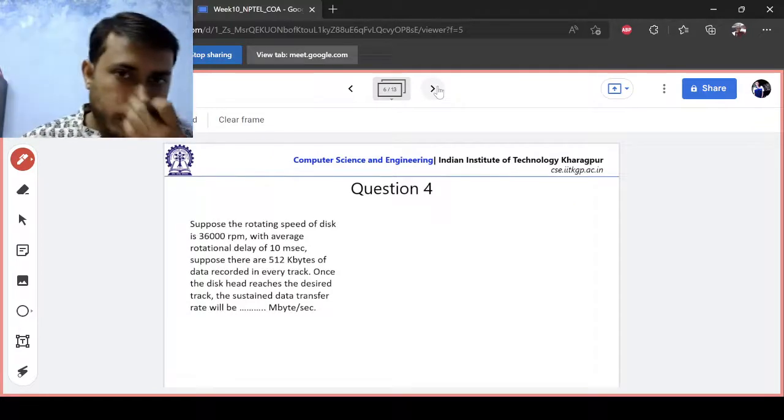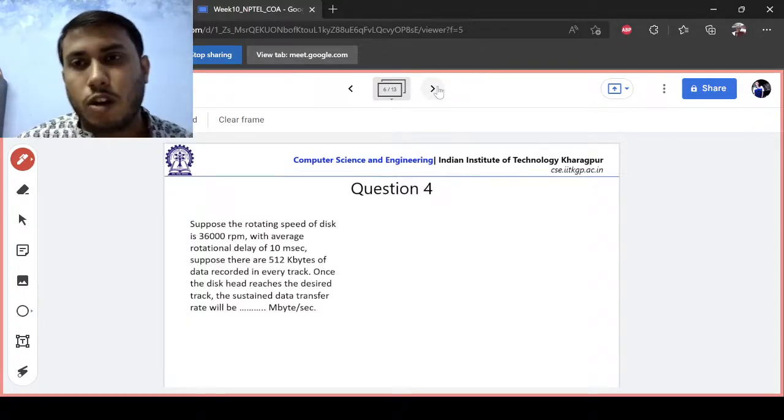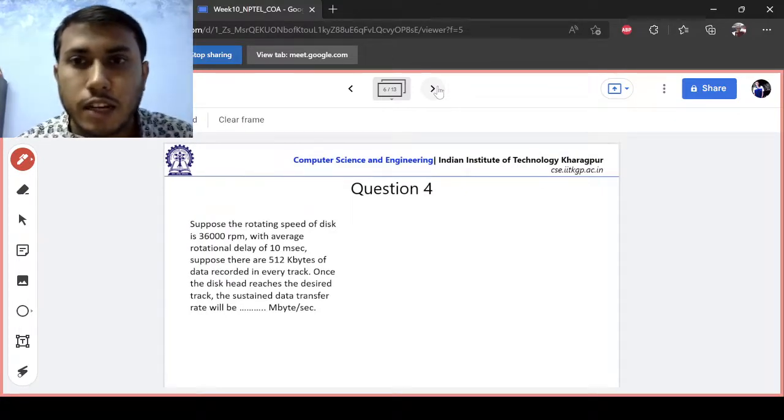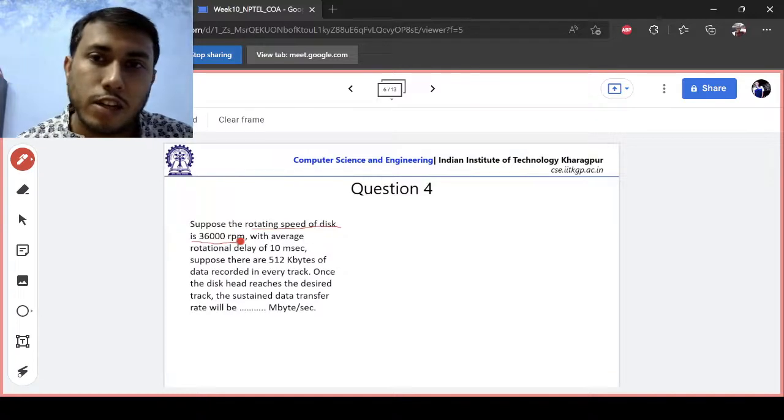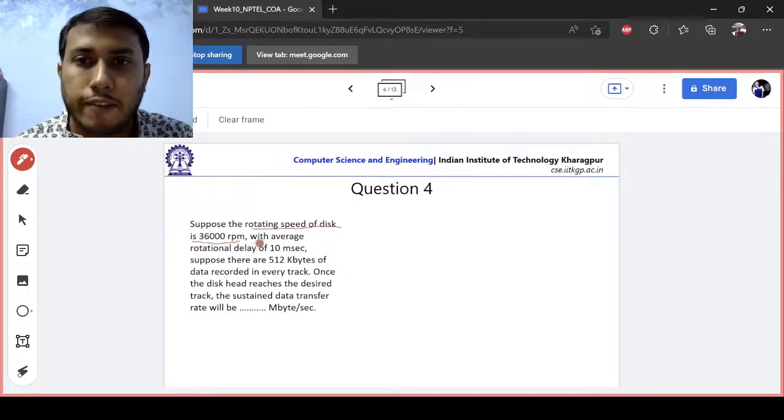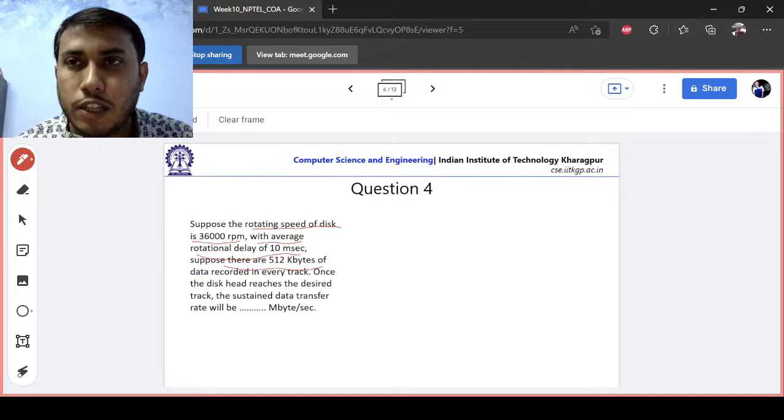The next problem is: suppose the speed of a rotating disk is 3600 RPM. A rotating disk is given, and its rotating speed is 3600 revolutions per minute, with average rotational delay of 10 milliseconds. Suppose there are 512 KB of data recorded in each track.